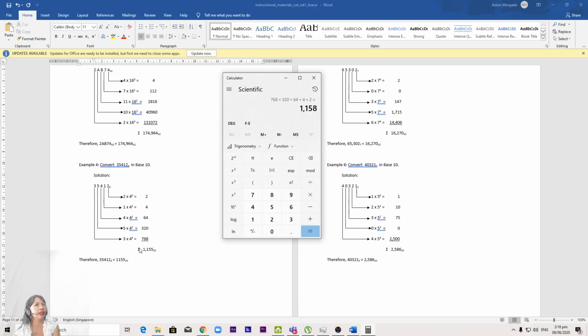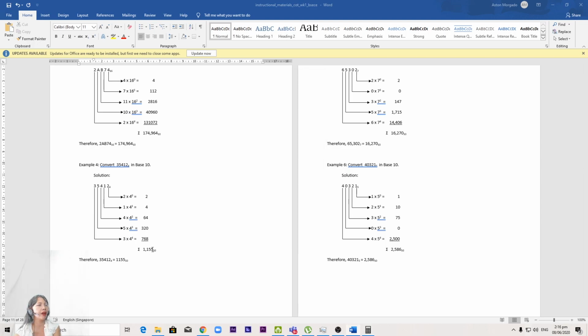So the sum is 1158. Therefore 35,412 base 4 is actually 1,158 base 10.